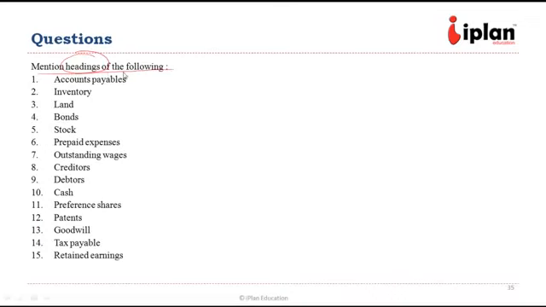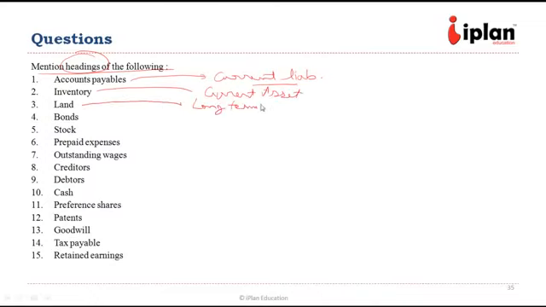Now let us look at the headings under which these various elements come. We know accounts payables are liabilities, which are short-term or current liabilities. Inventory is a current asset. We know land is a long-term asset and it cannot be depreciated. Bonds, if the company has borrowed or issued bonds, will be a long-term liability.